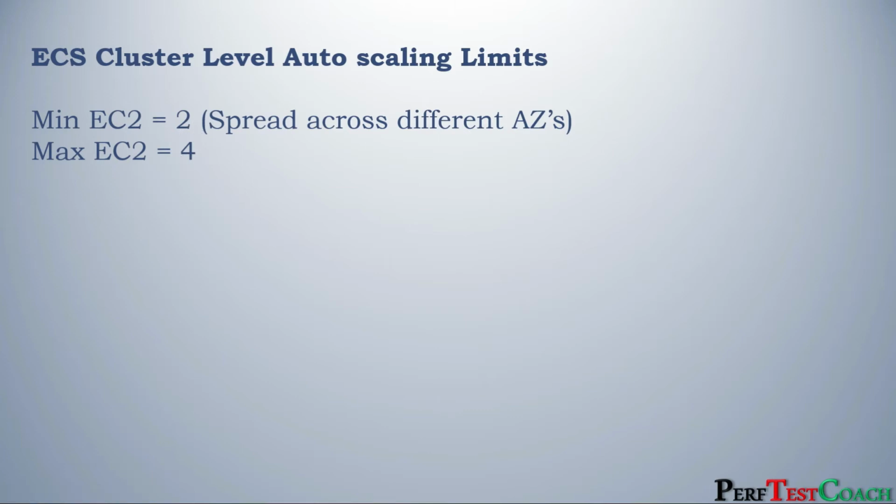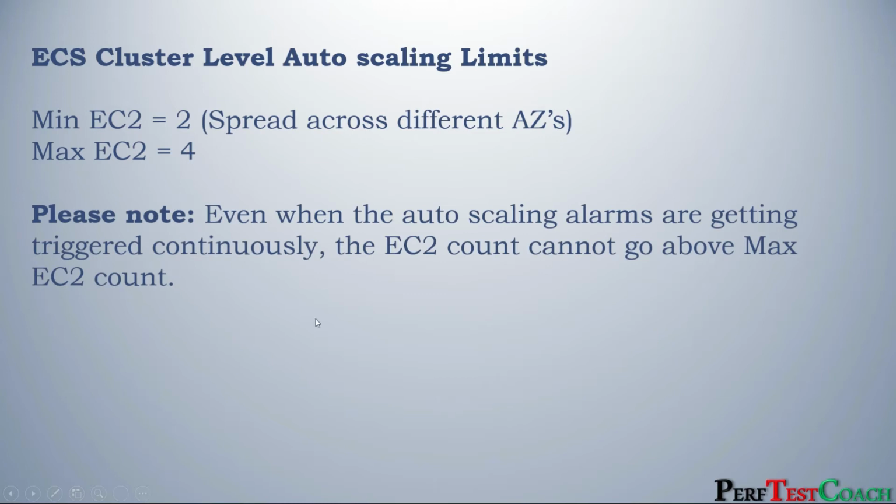So your EC2 count cannot go above 4 even if the autoscaling alarms are getting triggered continuously. So make sure you always configure the max EC2 count based on your requirements. If you configure this too low, then even if the autoscaling alarms are getting triggered, the AWS autoscaling group will not add more EC2 instances because AWS will always try to restrict the max EC2 count to this number. So be careful when you're configuring this.